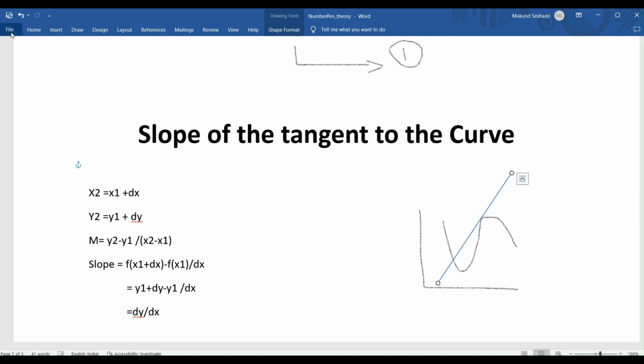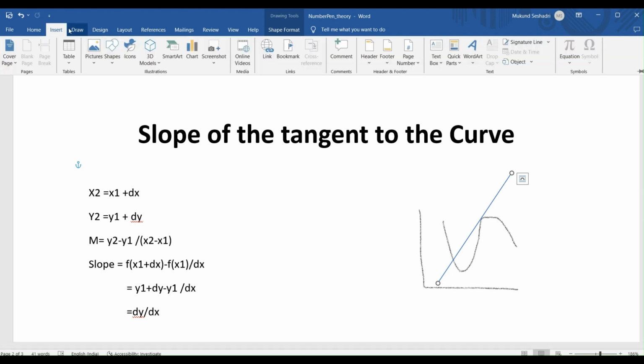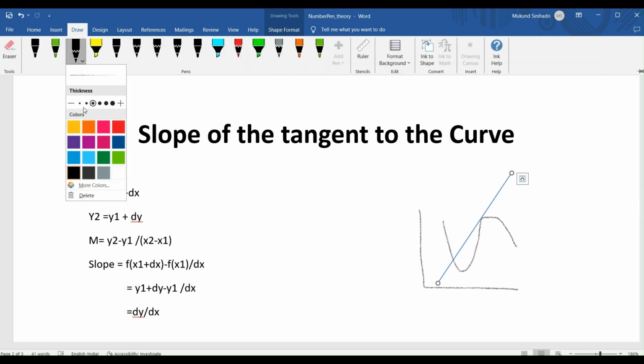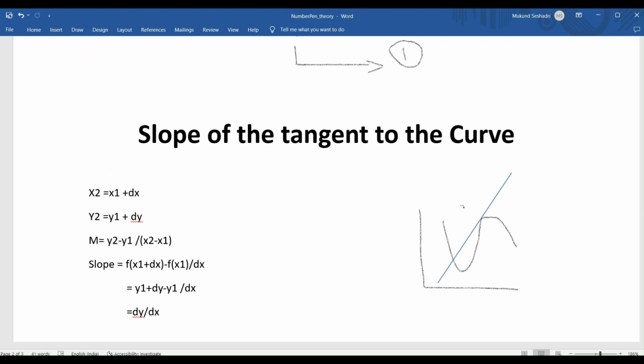So let's assume that the point through which this blue line passes is x1, y1.